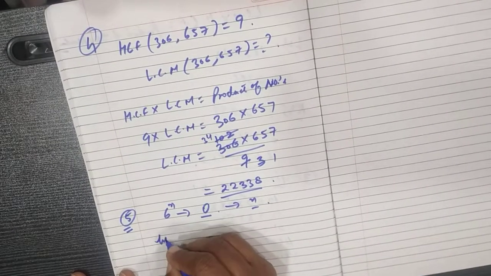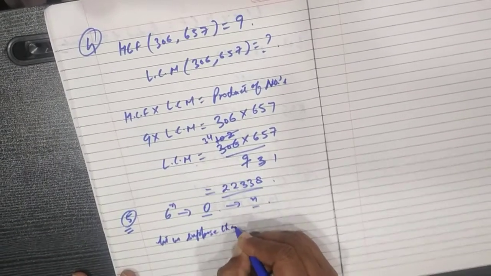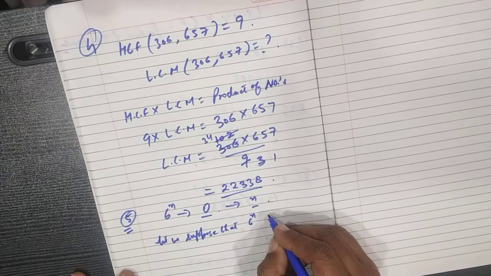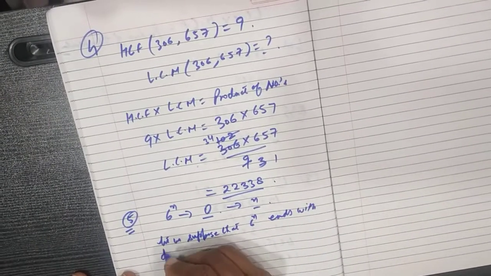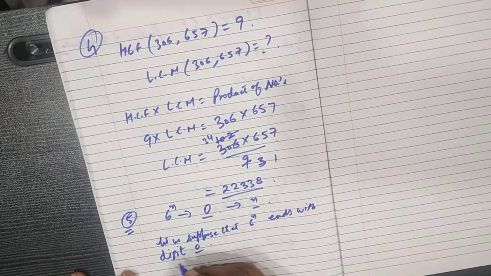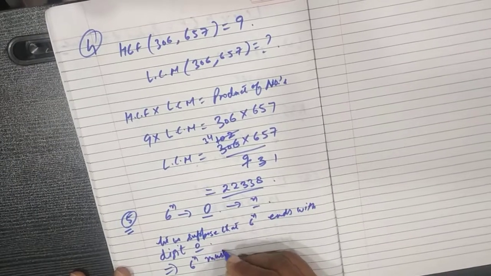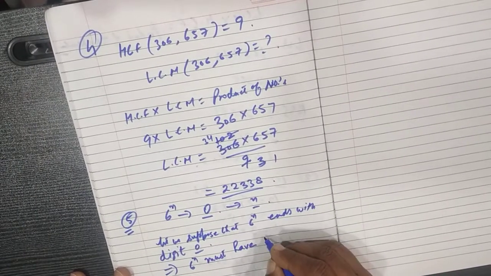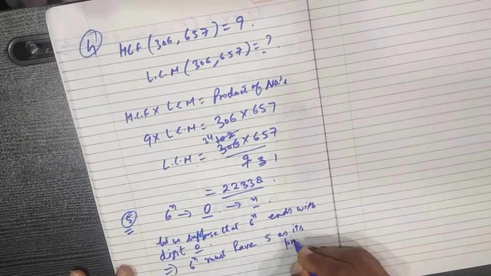First of all, let us suppose that 6 power n ends with digit 0. Now if 6 power n can end with digit 0, then 6 power n must have 5 as its prime factor.